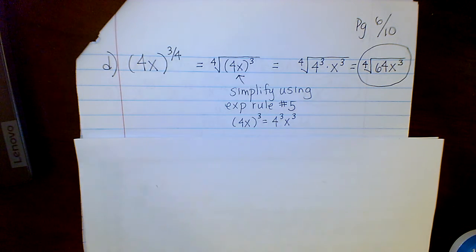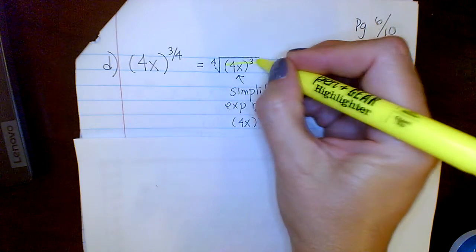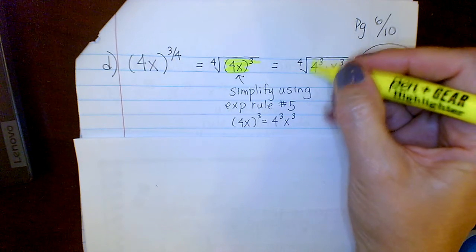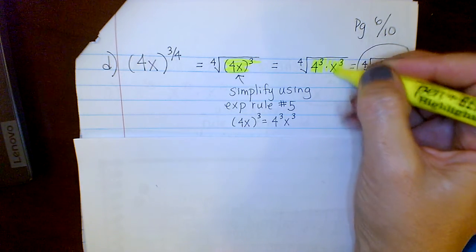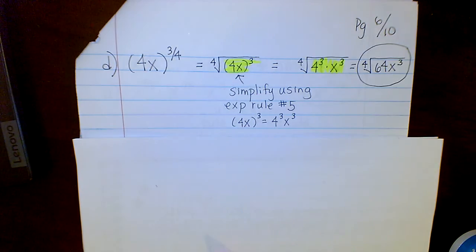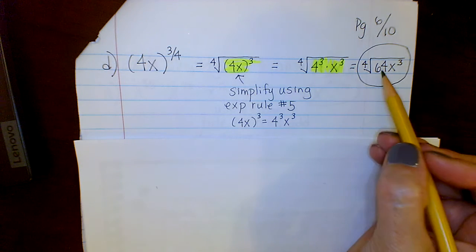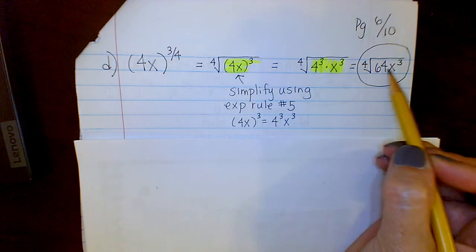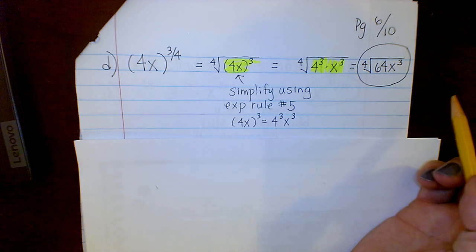So this 4x quantity cubed right here turns into that, which then simplifies. 4 cubed is the same thing as 64. And I just didn't write the multiplication symbol because you know that smushing means multiplication.